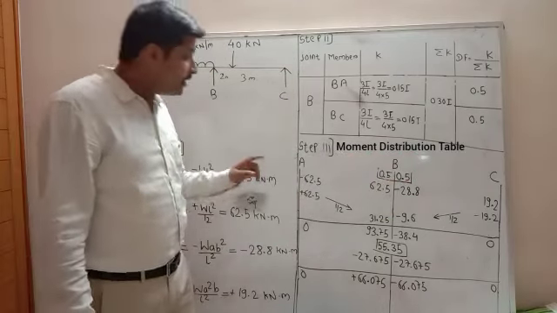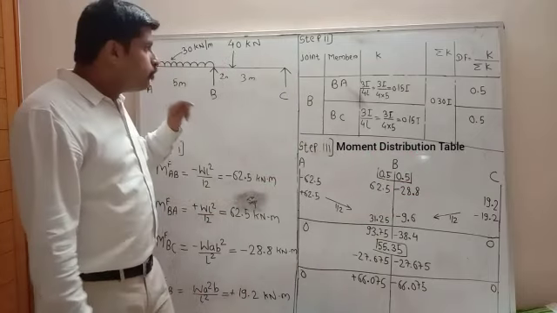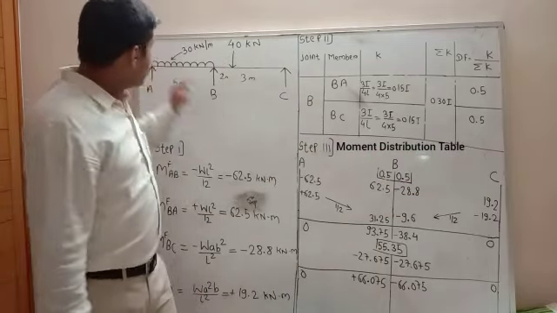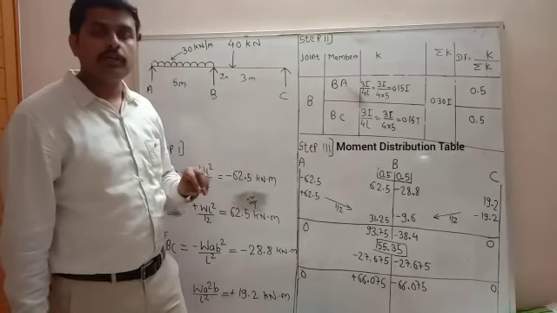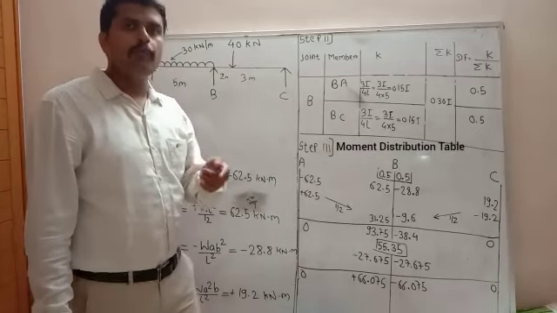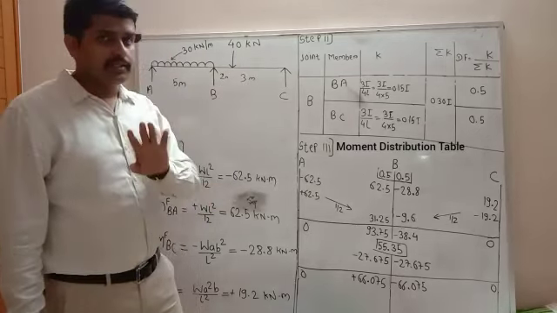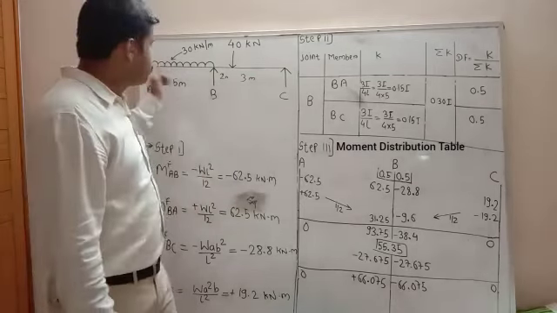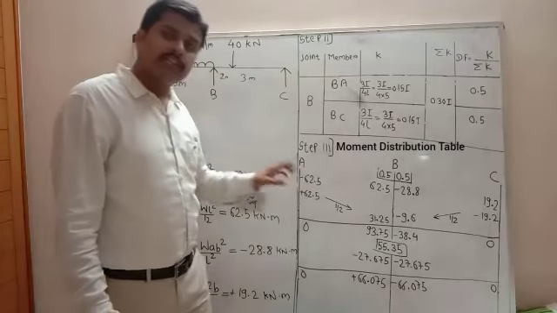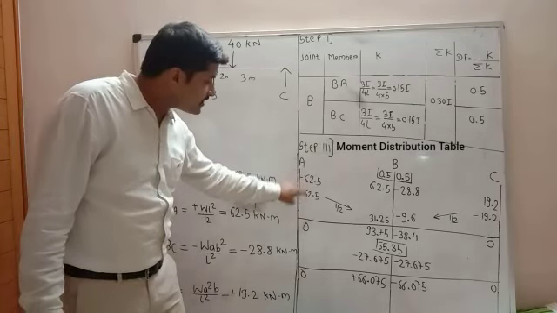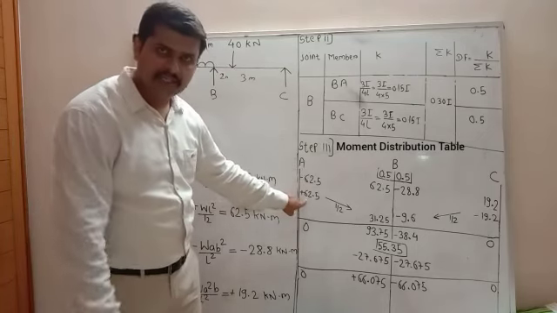Now, the next step is to make the moment at simple support 0, because moment at simple support is 0. There is no moment on simple supports. So how to make it 0? We have to write the same figure with opposite sign.